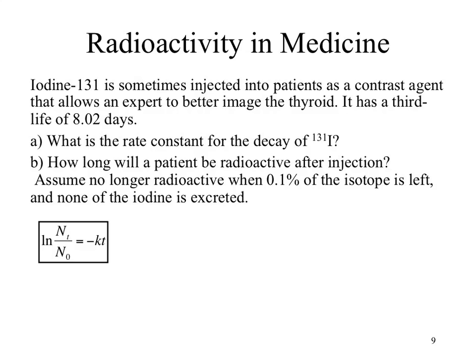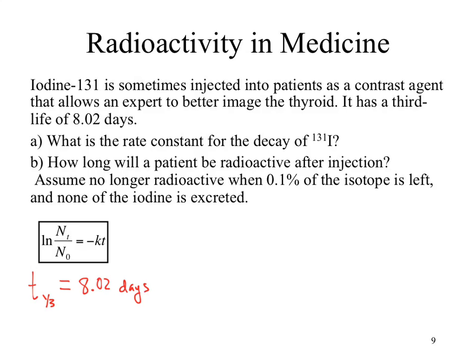What symbol does it represent in our equation? The t, because it is time. Personally, I would use t for time, but I want to make sure it's not just any time, it's the time for a third life. So I would say t sub 1/3. That's just my personal preference. So what do I know t sub 1/3 is equal to? 8.02 days.